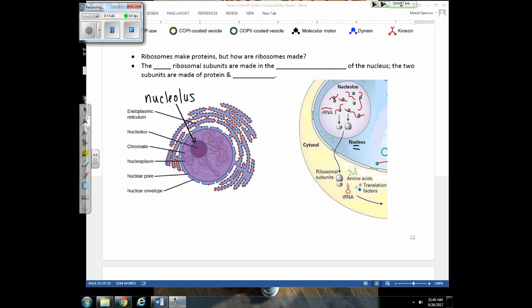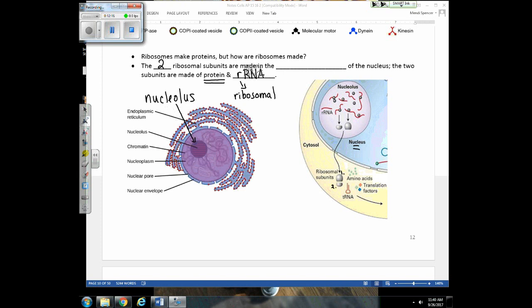Now, there are two parts to a ribosome. There are two ribosomal subunits. You can see them here and here. There's a larger subunit and there's a smaller subunit. Now, when you take a look at what those subunits are made of, they're actually made of two parts. Within those subunits, you're going to find some protein, and you're also going to find a nucleic acid, rRNA. And this stands for ribosomal RNA.